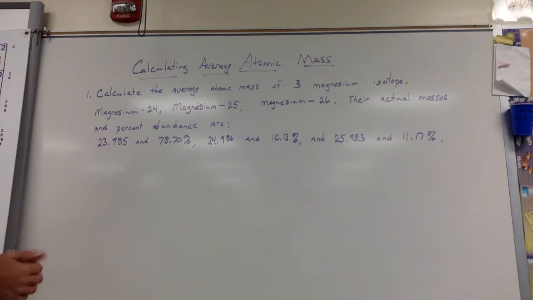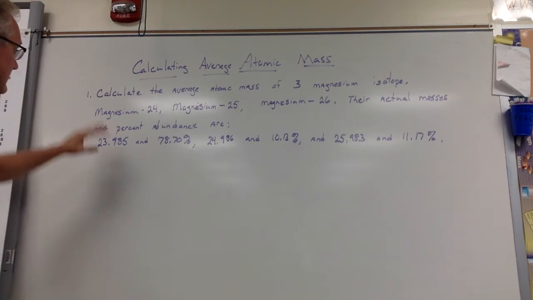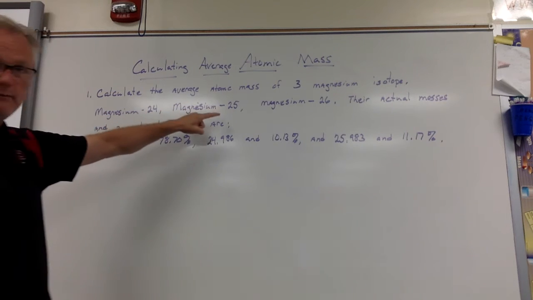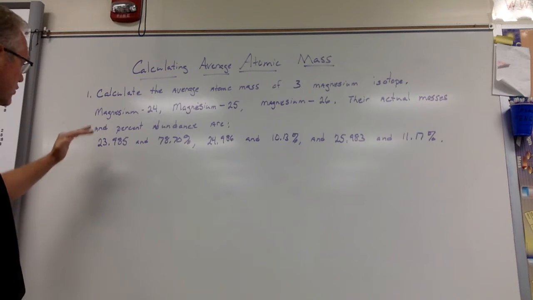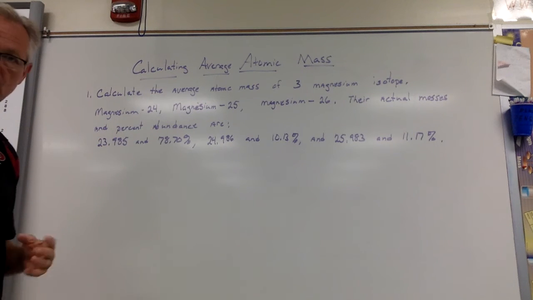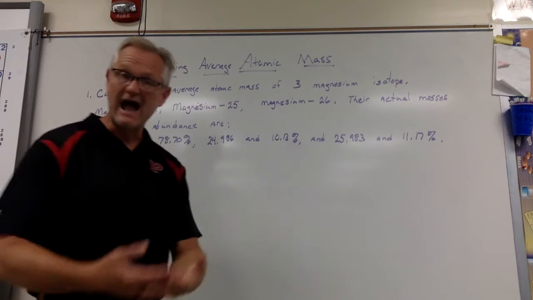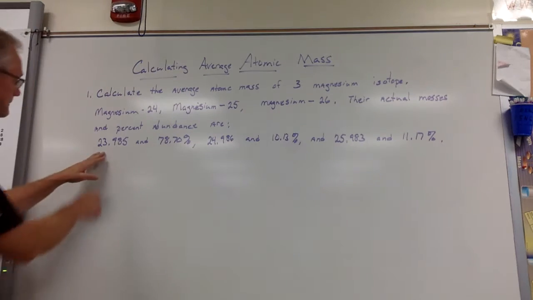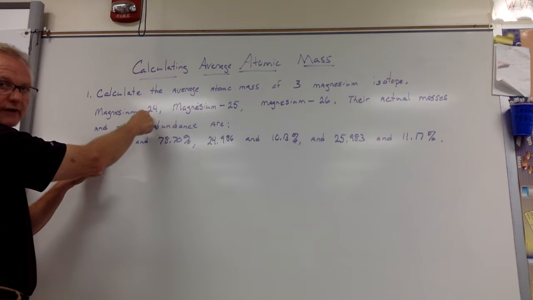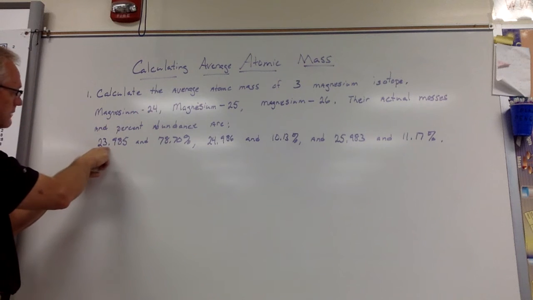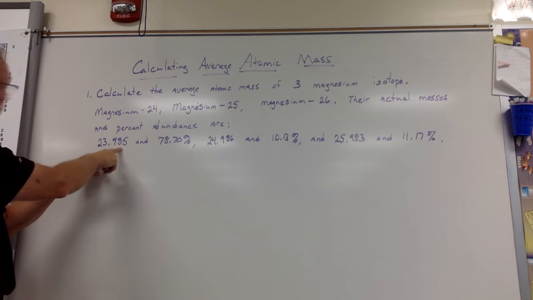It says, calculate the average atomic mass of 3 magnesium isotopes: magnesium-24, magnesium-25, and magnesium-26. It says their actual masses and percent abundances are, and percent abundance is how often it occurs. So instead of it being exactly 24, we just rounded off for the 24 and we put 23.985. That's its actual mass.